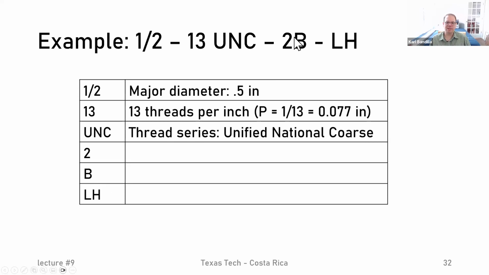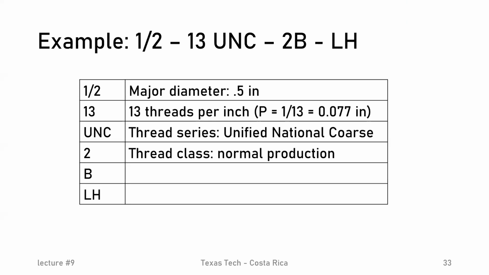All right, what did the 2 stand for? It was the thread class. Exactly, that was the thread class. In this case, 2 is normal production. Now, B, external or internal?